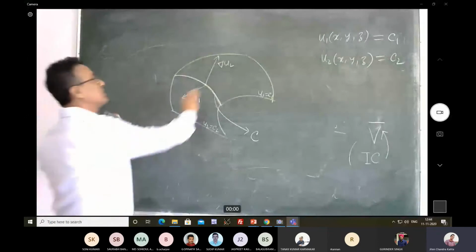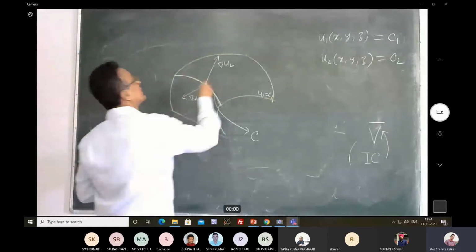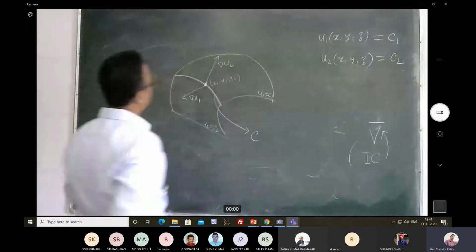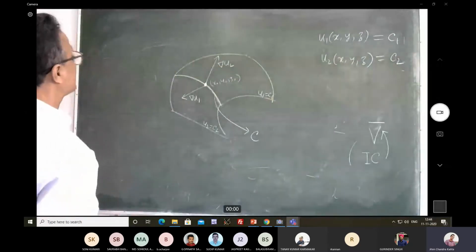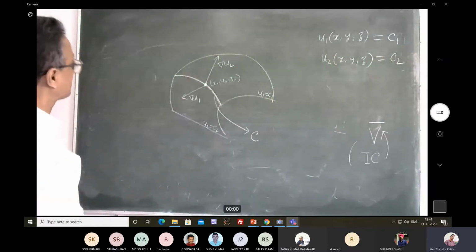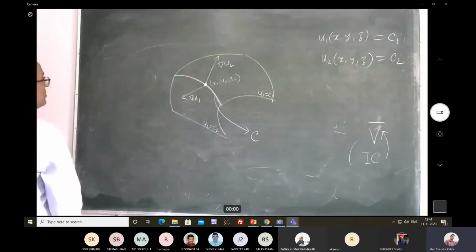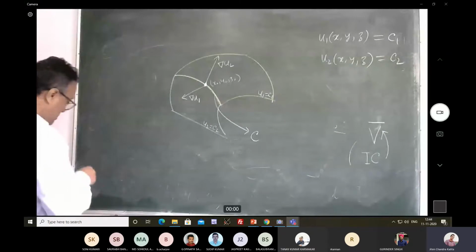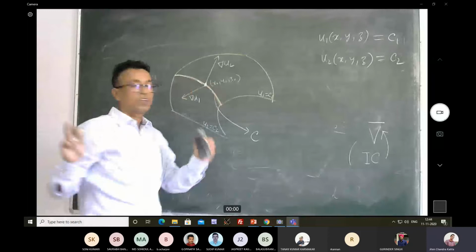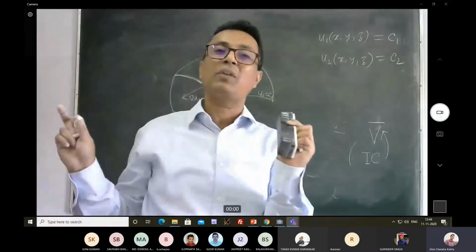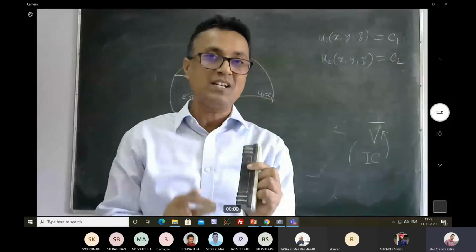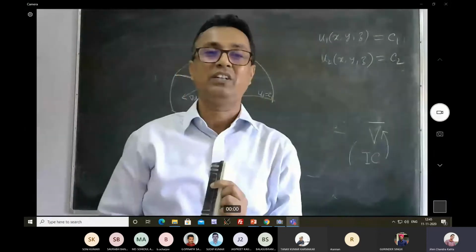Let me not do anything else with the cross product of these gradient vectors. Now, suppose this C, forget about the presence of the surfaces u1 equal to c1 and u2 equal to c2 for the time being.